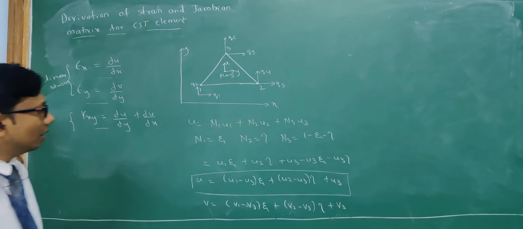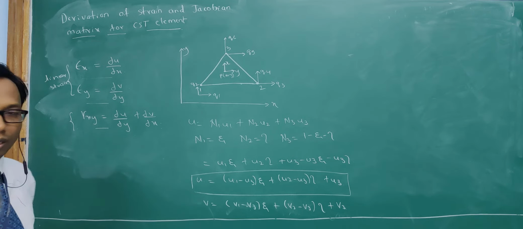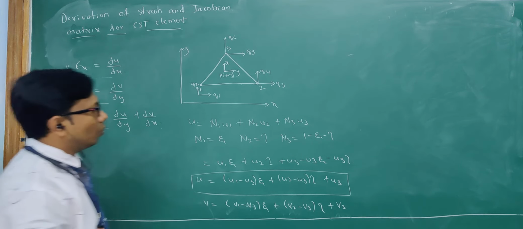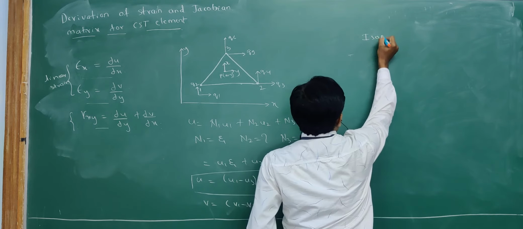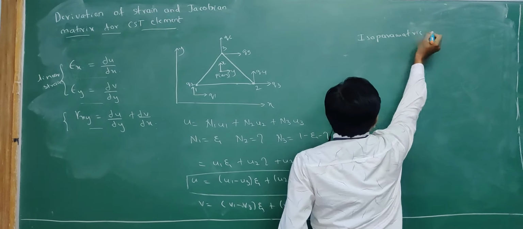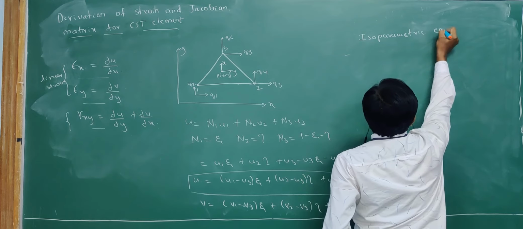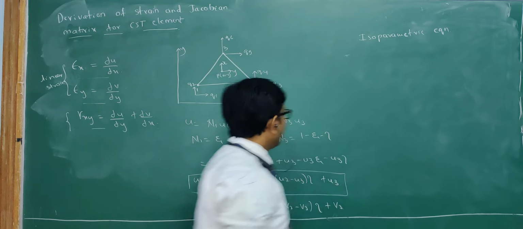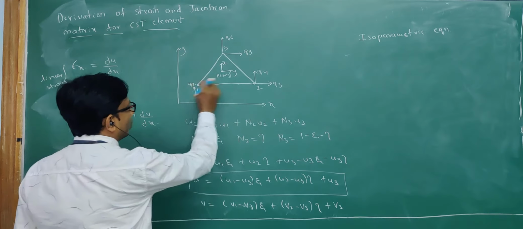Okay, so this is a shape function equation when I try to write it in the displacement form. One more, if I want to write it here, I will be taking an isoparametric equation. In this isoparametric equation, I will be writing the displacement of this point with respect to the other point.